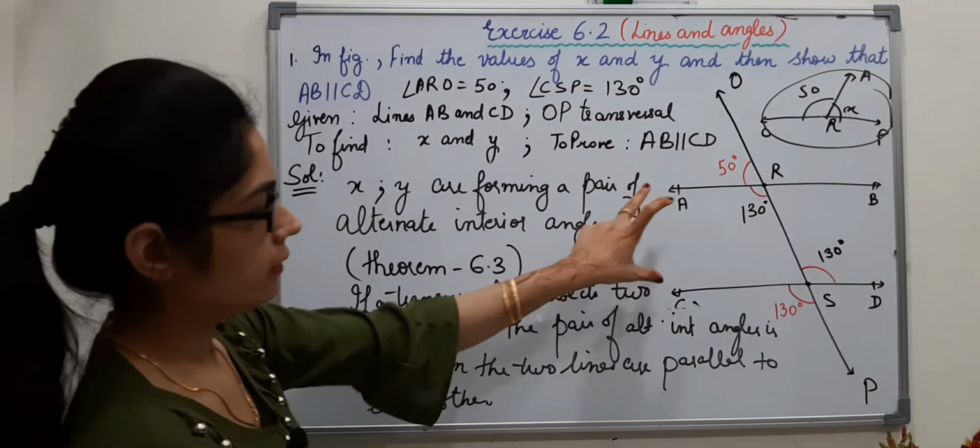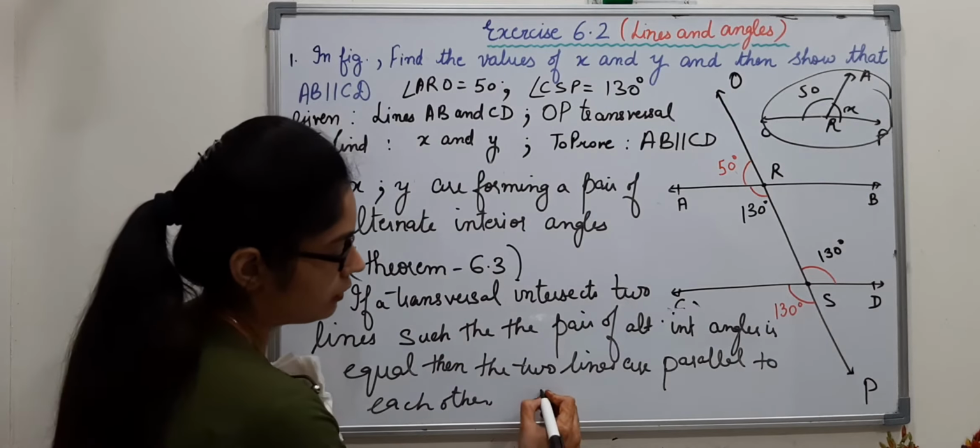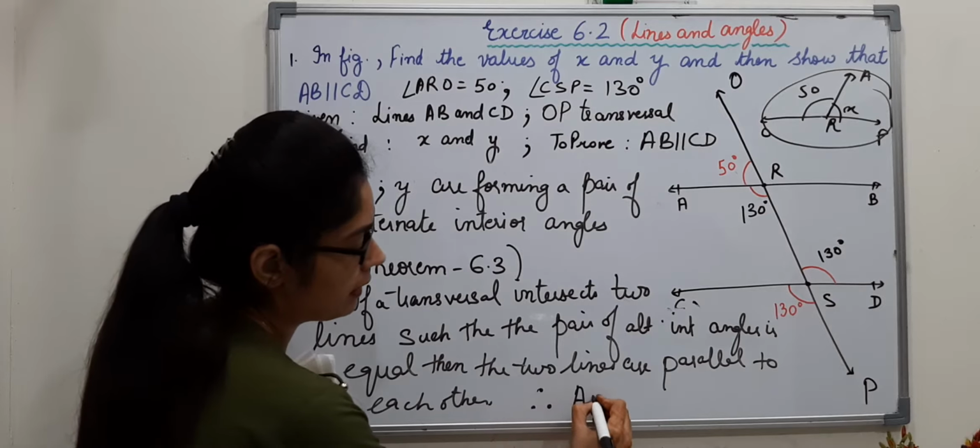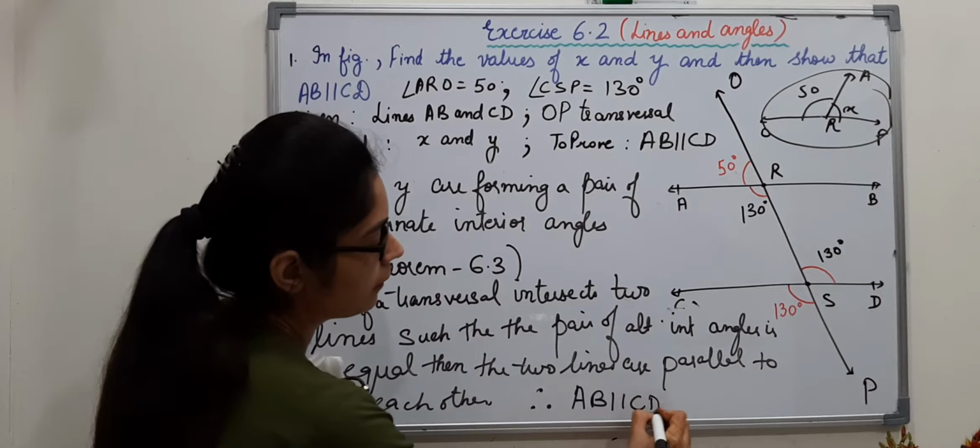So these two lines, we can mention, therefore AB is parallel to CD.